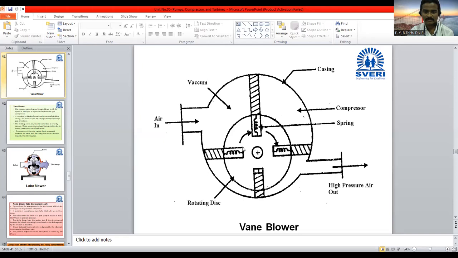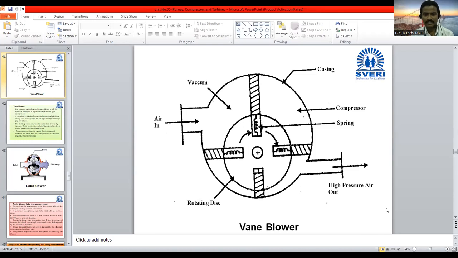It is a disc on which radial slots are there. In the radial slots, the vanes are placed. There's inlet section, outlet section. Then there's a circular disc. All this is the construction part. Okay. So we'll not write the construction part. We'll focus only on the working of this vane blower. फक्त वर्किंग बघूयात. construction काय तुम्ही इझिली ते समोर जे दिसतात ते तुम्ही त्याबद्दल लिहू शकता. So we'll write about the vane blower working.